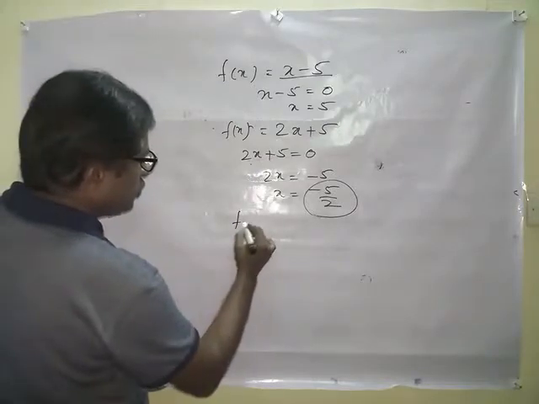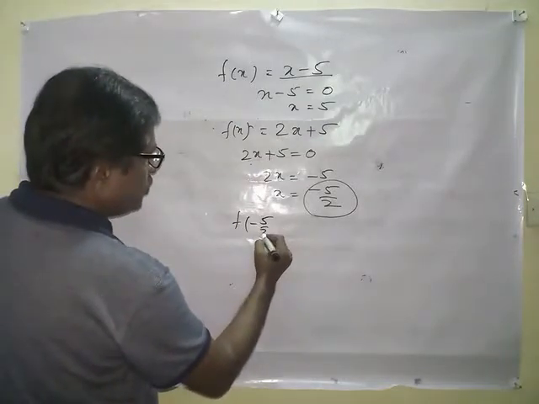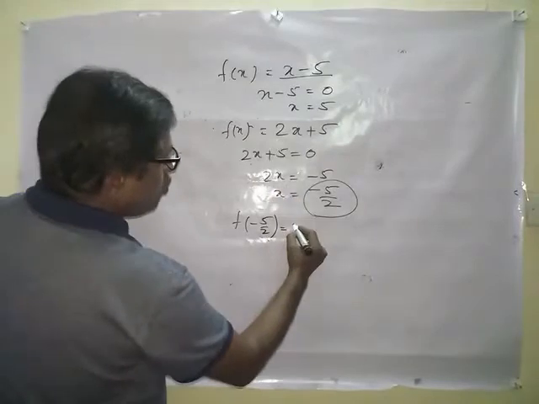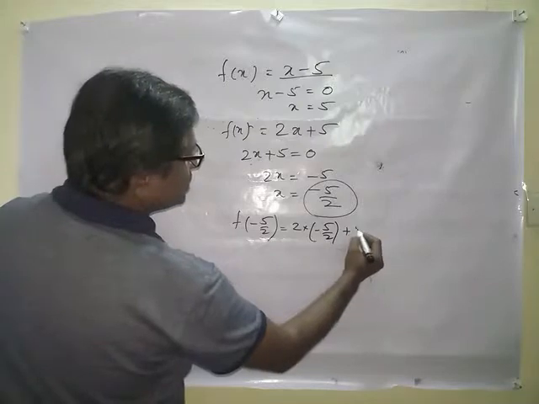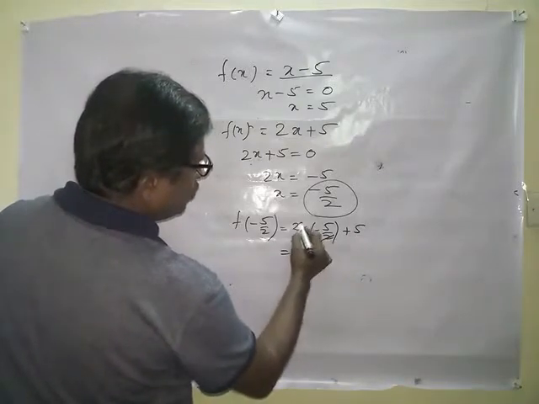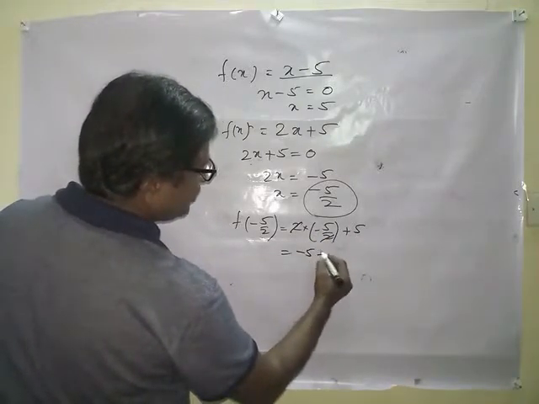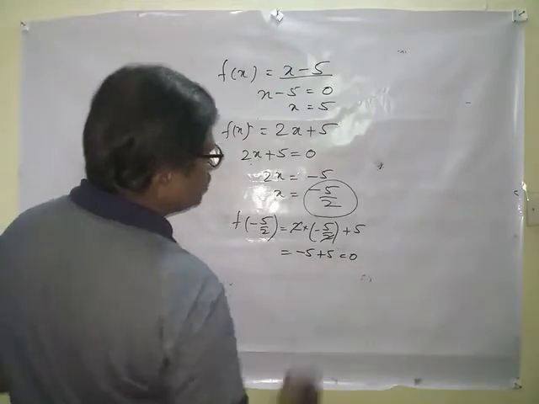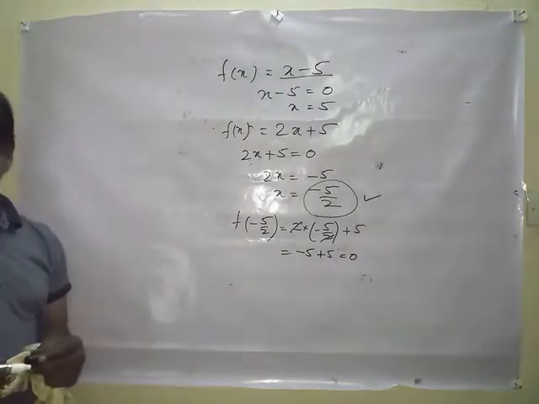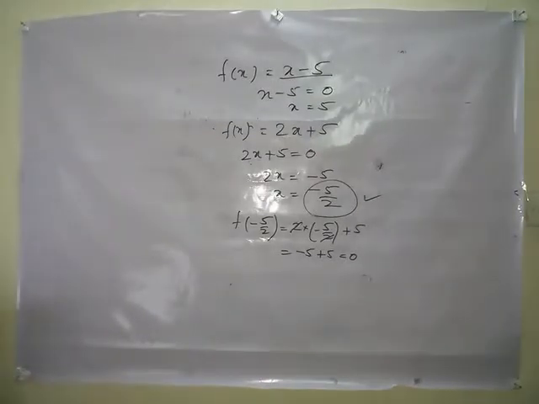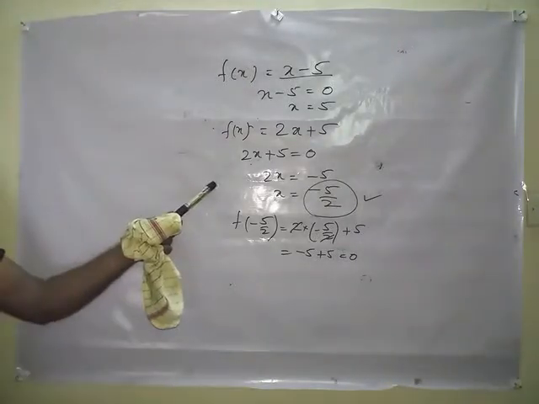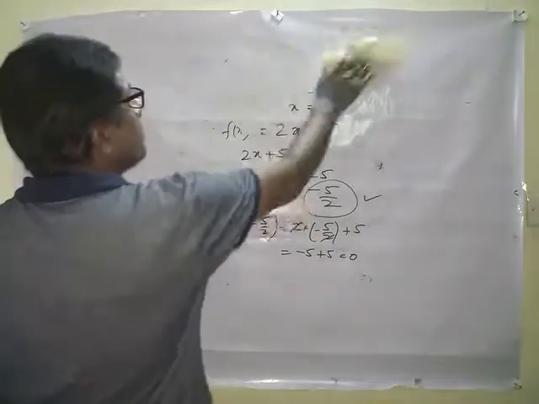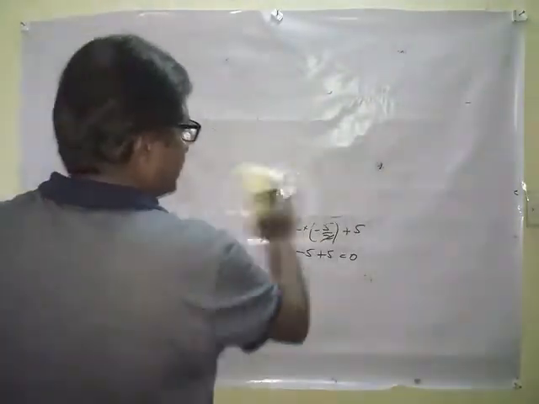Let us check: 2 multiplied by minus 5 upon 2 plus 5, this 2 and 2 get cancelled, so this becomes minus 5 plus 5 equal to 0. So your answer is correct. This is a numeric value we have taken.